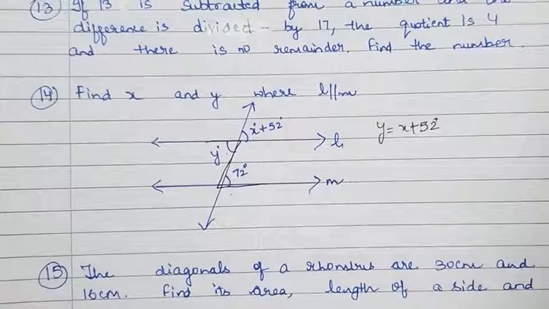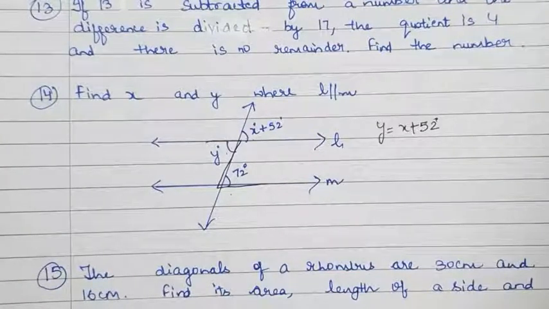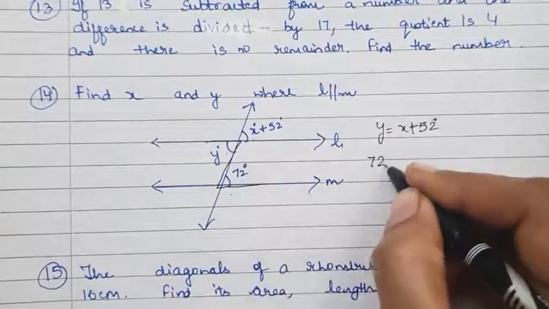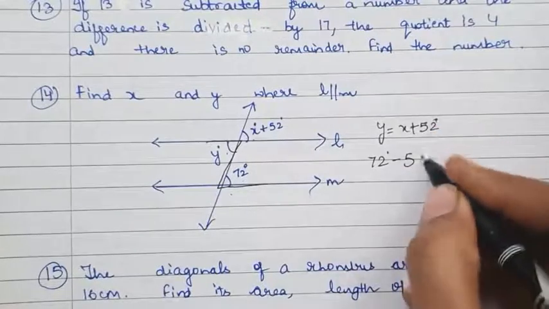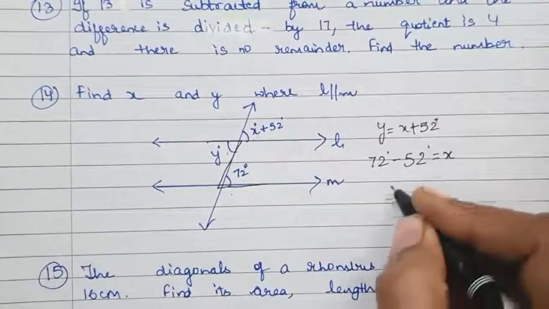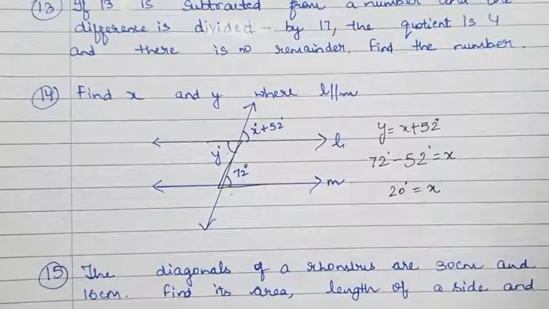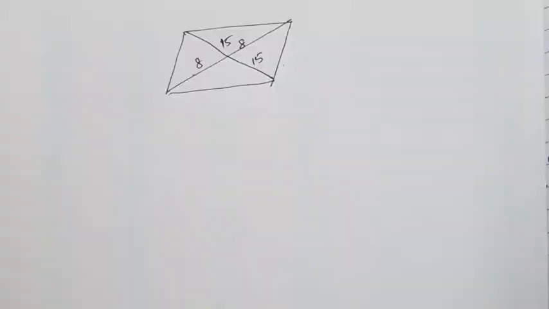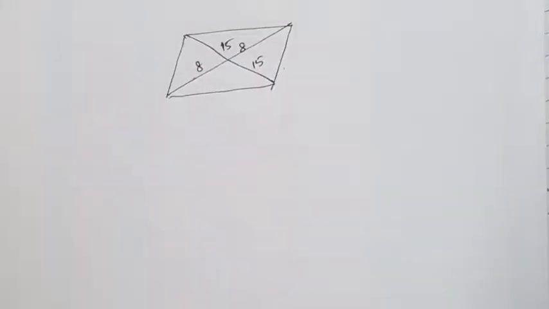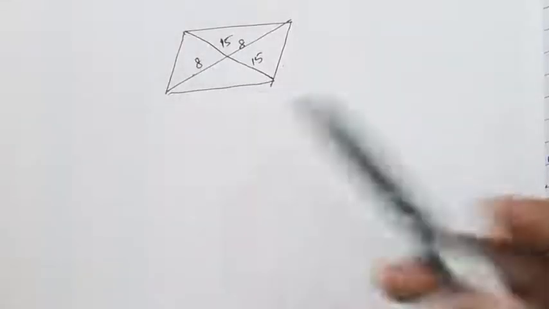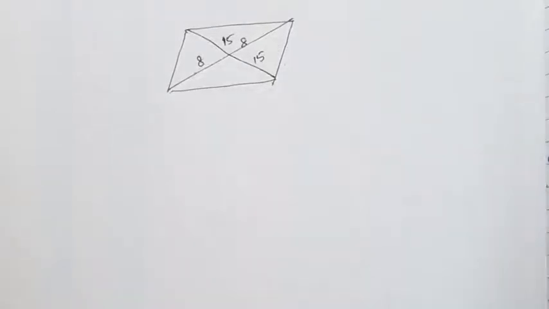So we can say that alternate interior angles are equal. So y will be 72 degrees. So by putting the value, 52 will get shifted. We get 20 degrees as the value of x. Clear?